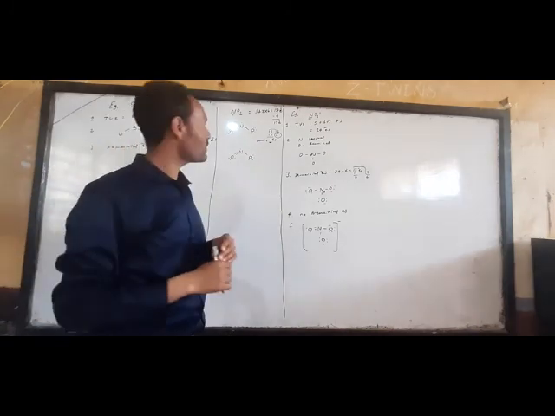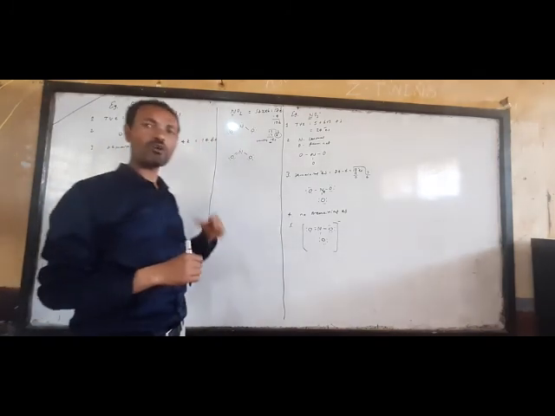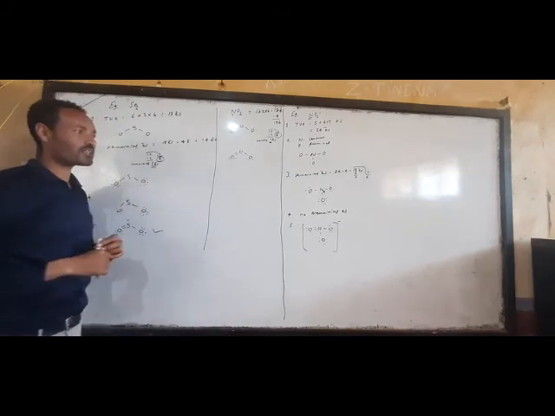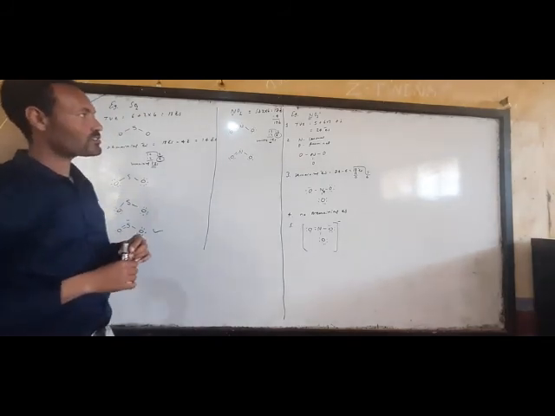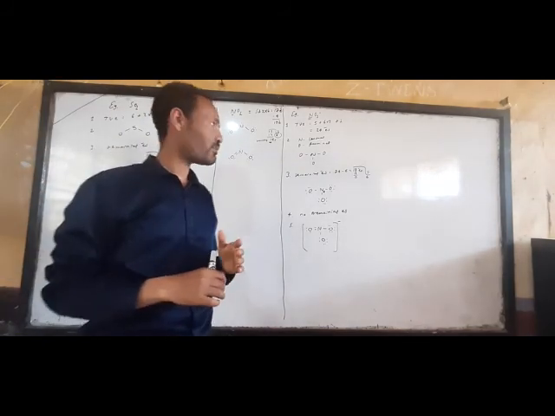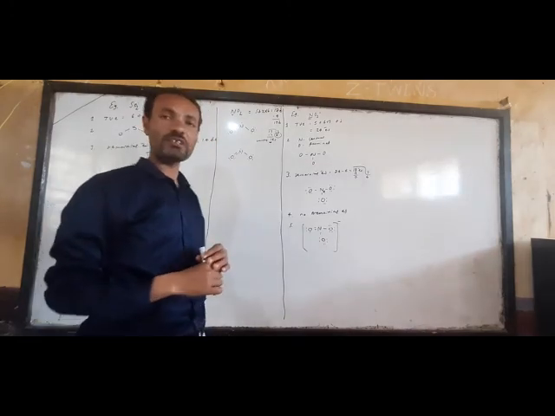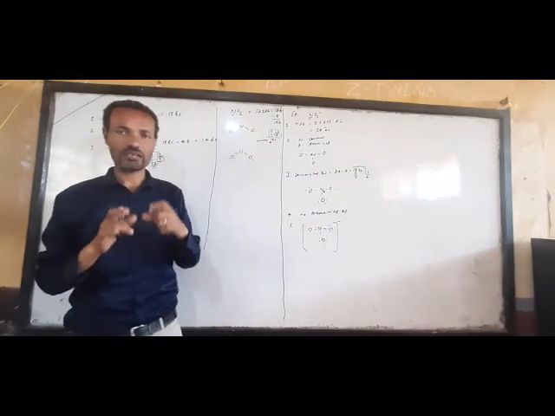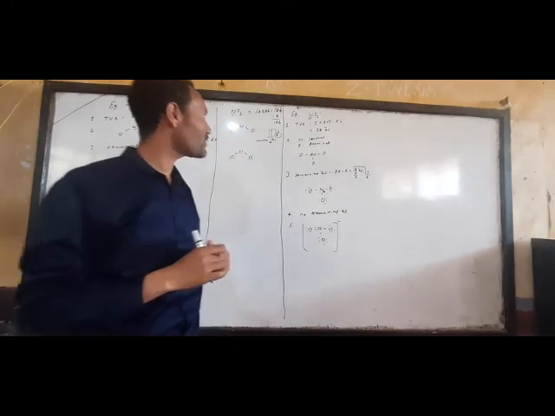So today we tried to see how to draw the Lewis structure of covalent molecules. There are about 5 steps that we should follow. The first step is determining the total valence electrons of the covalent molecule.